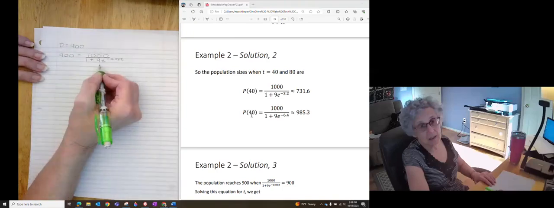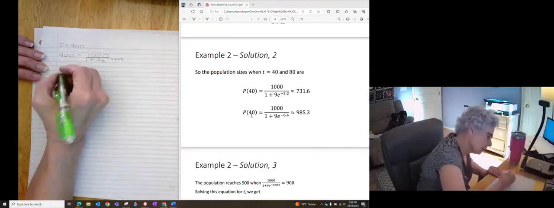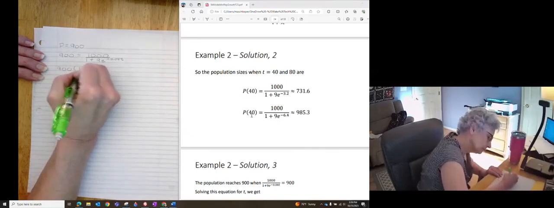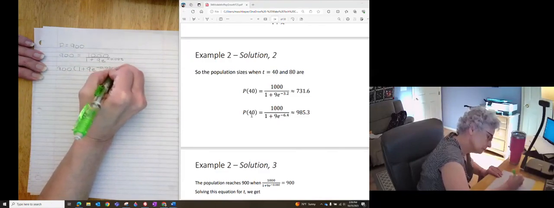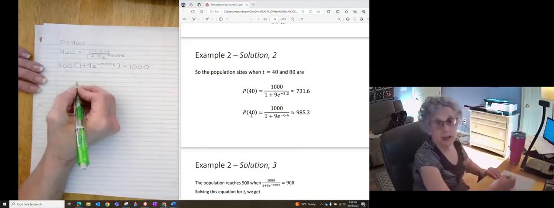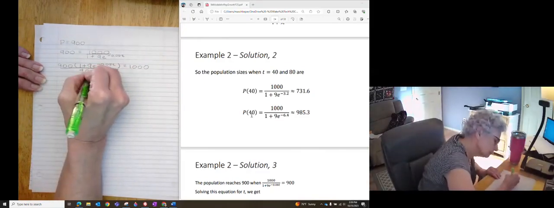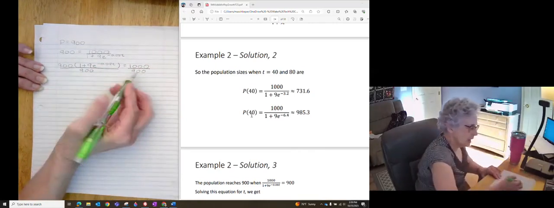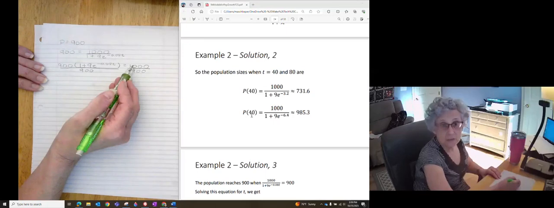First thing I would do is multiply both sides by the 1 plus 9e to the negative 0.08t. Then I would divide both sides by 900. I would simplify that. 1,000 over 900 is 10 over 9.